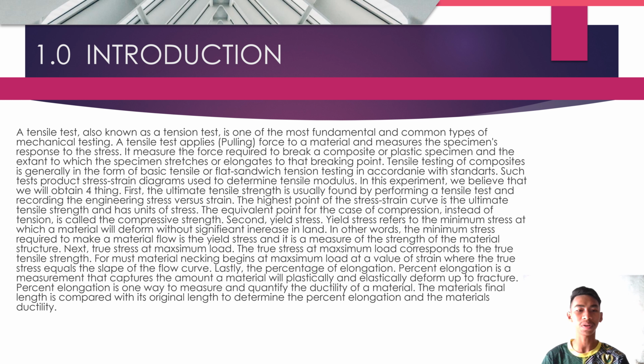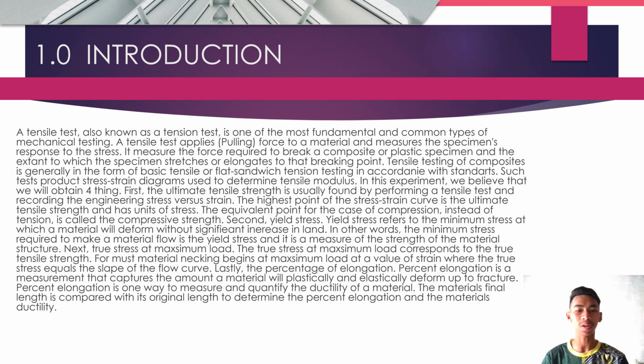Tensile testing of a composite is generally in the form of basic tensile or flat sandwich tension testing in accordance with a standard. Such tests produce stress strain diagrams used to determine tensile modulus.